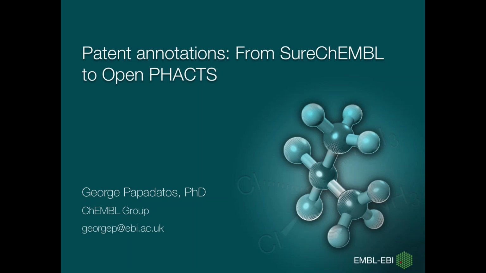Although the scope between the two resources is slightly different, what we found is that there is an overlap in terms of chemistry of 65 to 70% when it comes to coverage of chemistry from different patents.